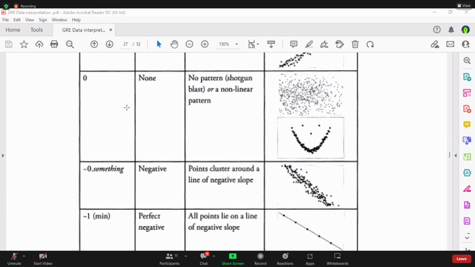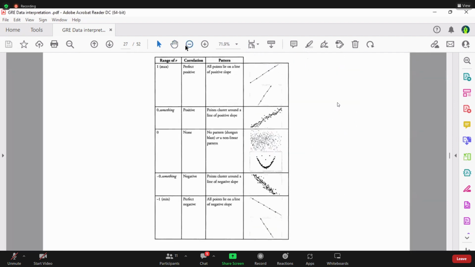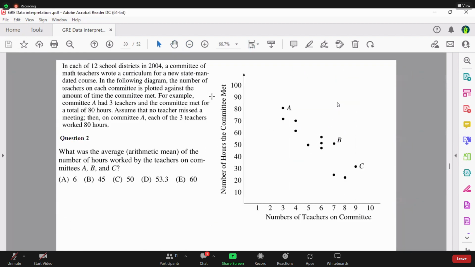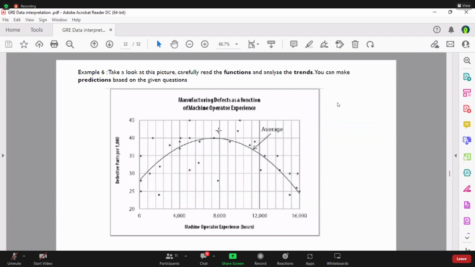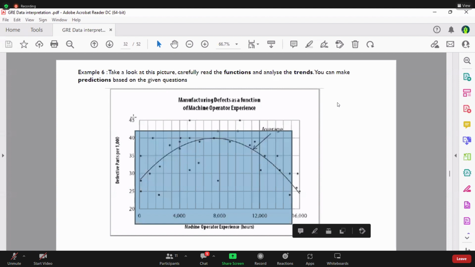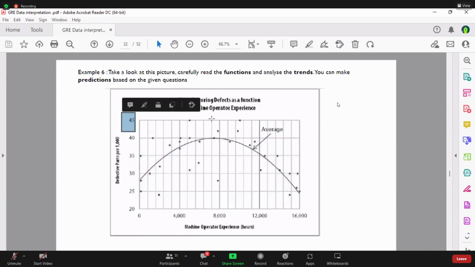For example, a graph like this, if you can see, the points are all over the place, right? There is no particular formation there. So this is a graph of correlation where one value is not dependent upon the other.